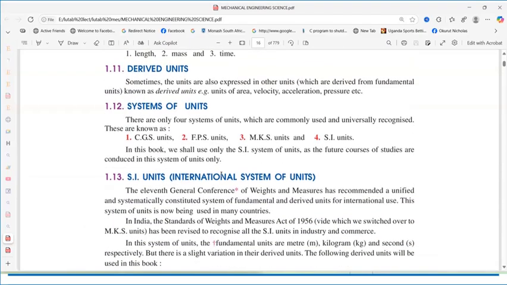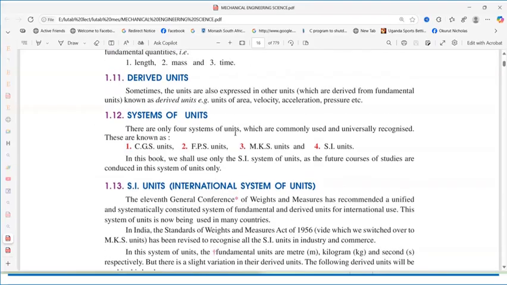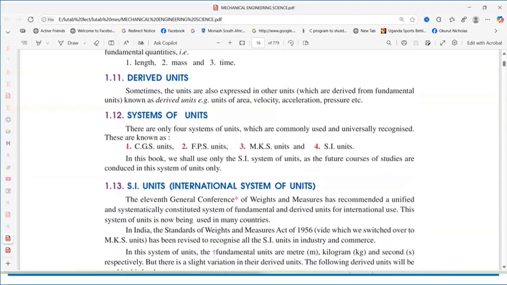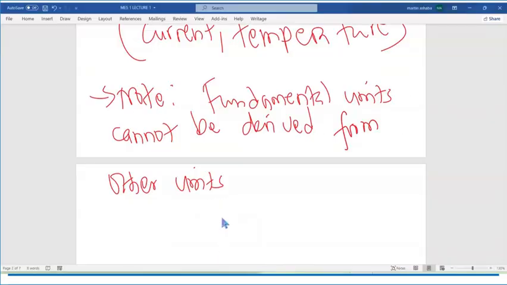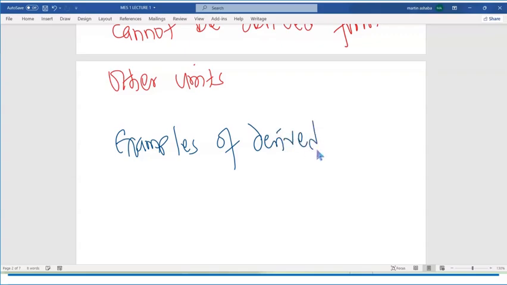So we have a system of units. I've finished that. Okay, maybe you can tell me examples of derived units.